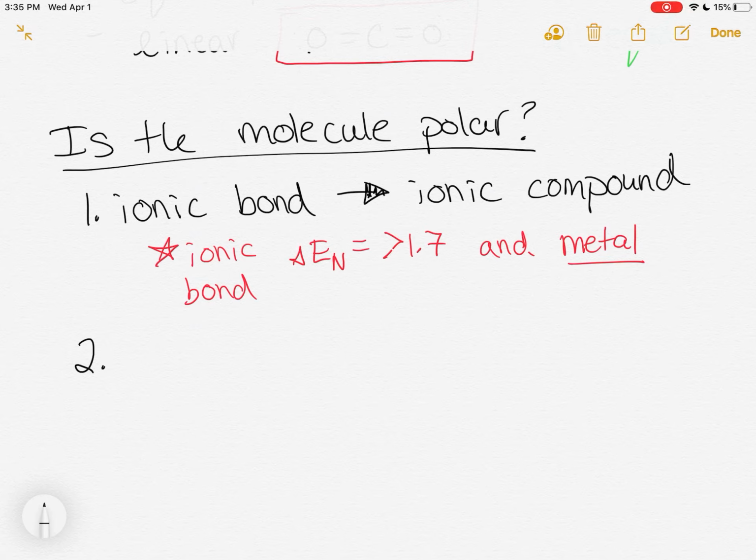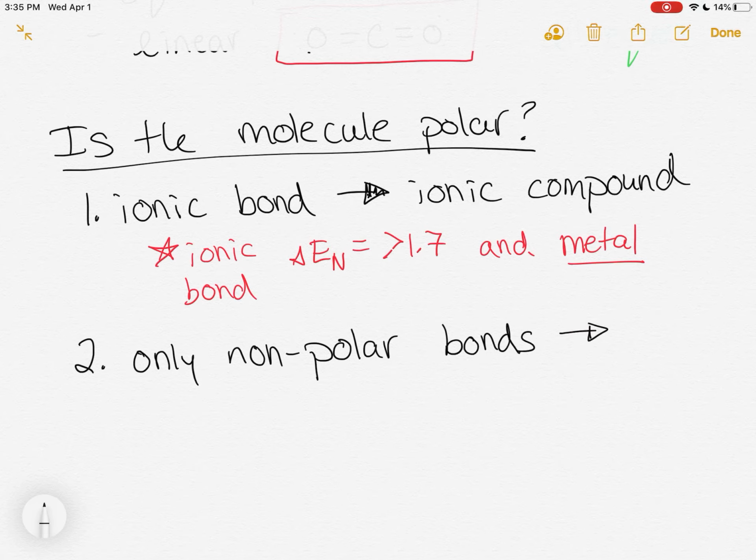Okay, in the second situation, if we have only nonpolar bonds, then we are automatically a nonpolar molecule.